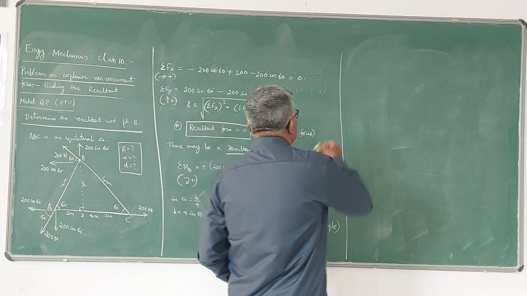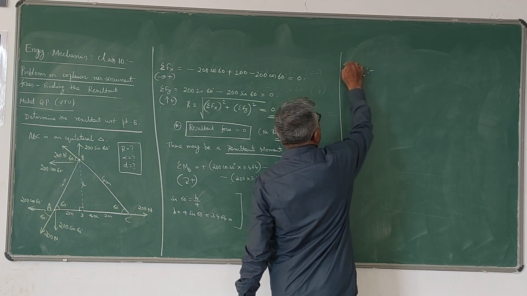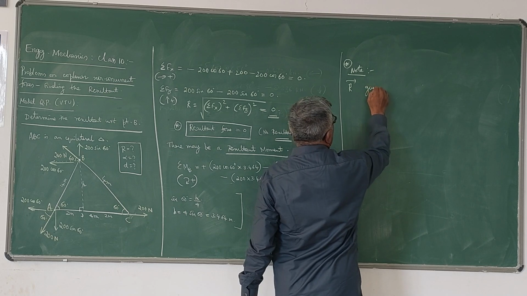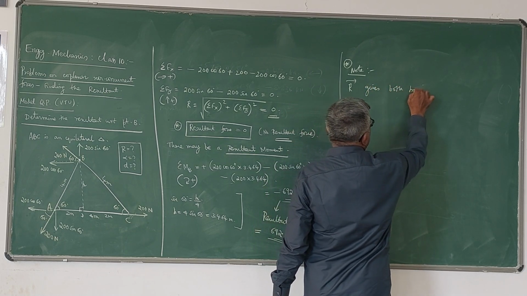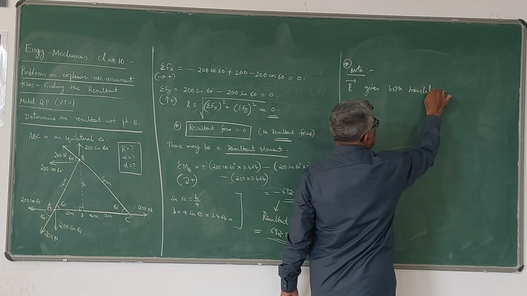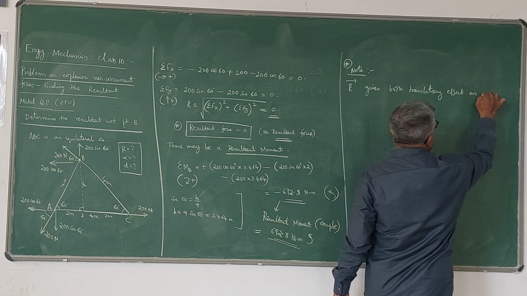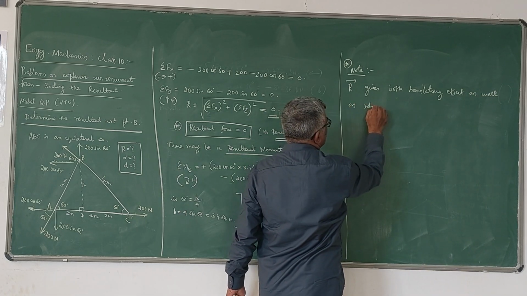That's why I have taken this problem. So the note we have to take here is resultant R gives both translatory effect as well as rotational effect on a body.